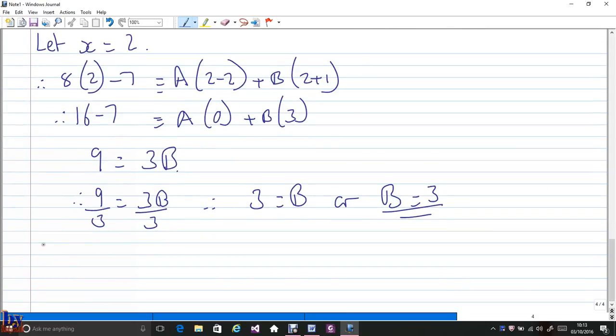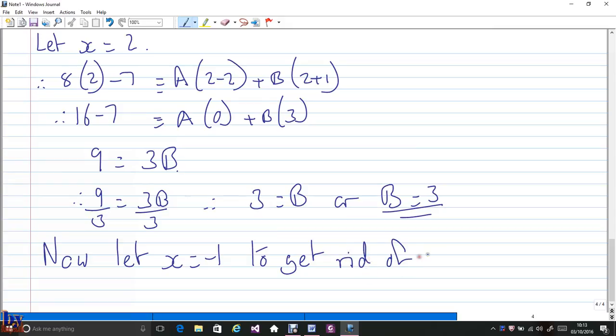So now let x equal minus 1 to get rid of the B term, and so solve for A.